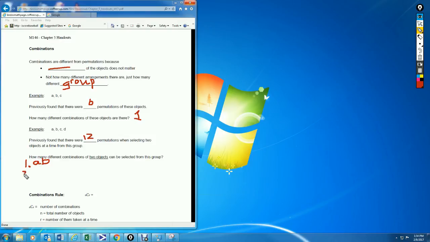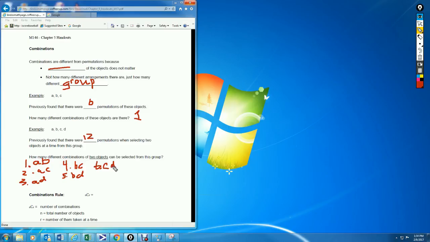So instead, I'm going to go on to A and C, and then A and D, because I don't care what order they are in. All right, so then we've got A with everyone. Let's go on to B and C, B and D. All right, now we've got B with everyone. So let's go on to C and D.